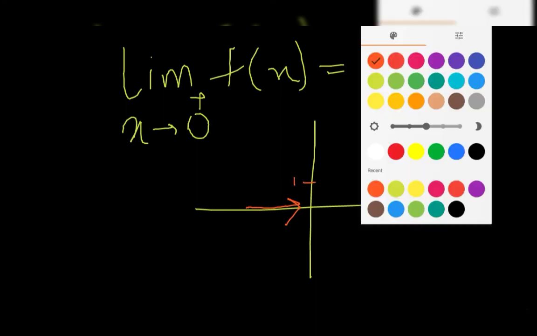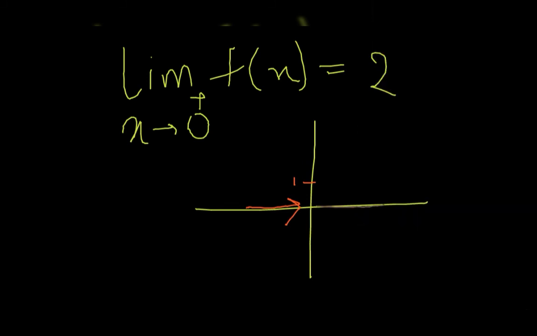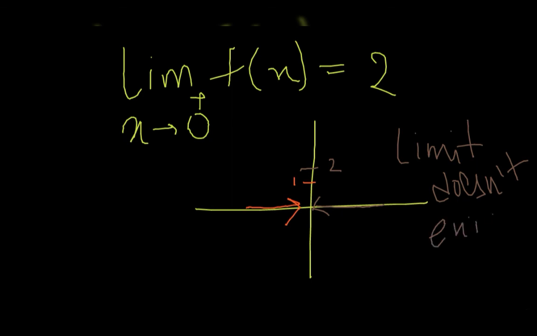Now if we approach from the right, we are getting a value of 2. So it is clearly not converging at a single point. So we can say that the limit does not exist in this case. Understand? Limit does not exist in this case.